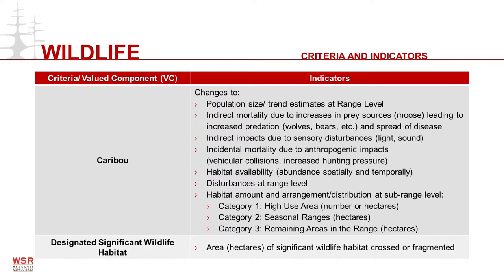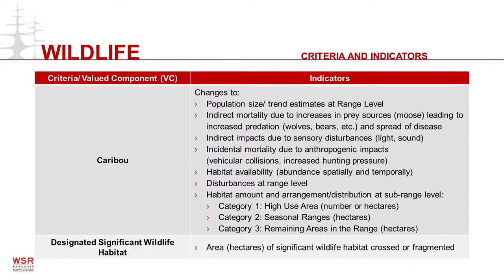There could be, again, we get back to that word anthropogenic, man-made impacts from collisions with vehicles or increased hunting pressure. Habitat availability, again, we're talking about quality and quantity of habitat. And I mentioned earlier different quality levels of habitat for wildlife.